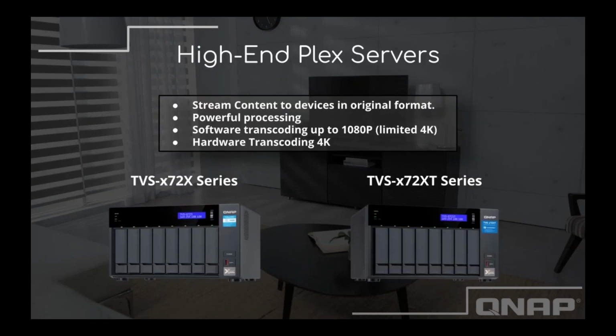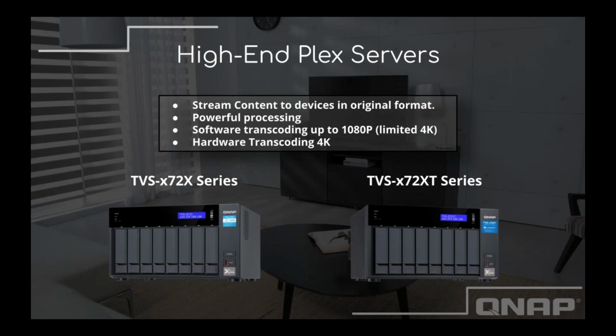And then if you want to go with something a little more robust, higher end, our 72X series, this is a brand new series that's going to be the successor to the 72N series. The 72X series supports an i3 processor, and for the 72XT, the 6-bay is i3, but the 8-bay is actually i5.